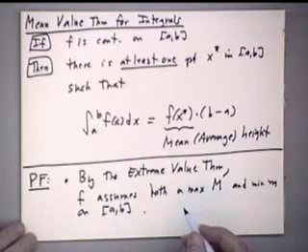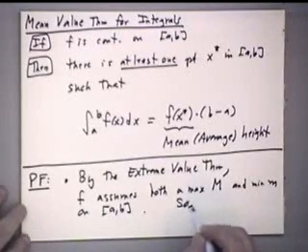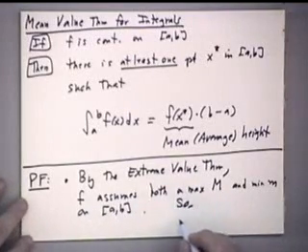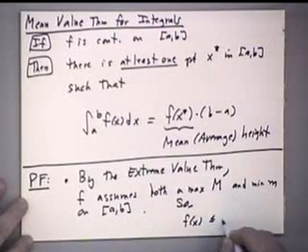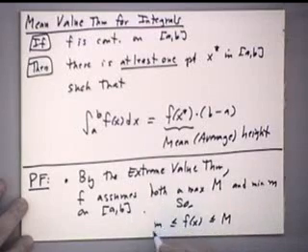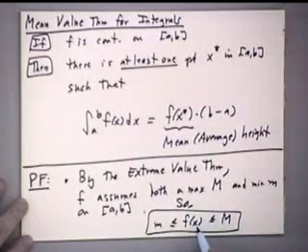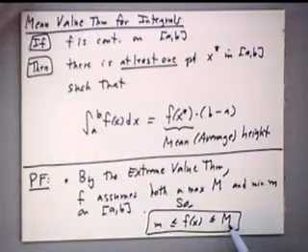That's what I said in the original picture. So what does that mean? That means that if I take any value x in the interval AB, then f of x is caught between big M and little m.